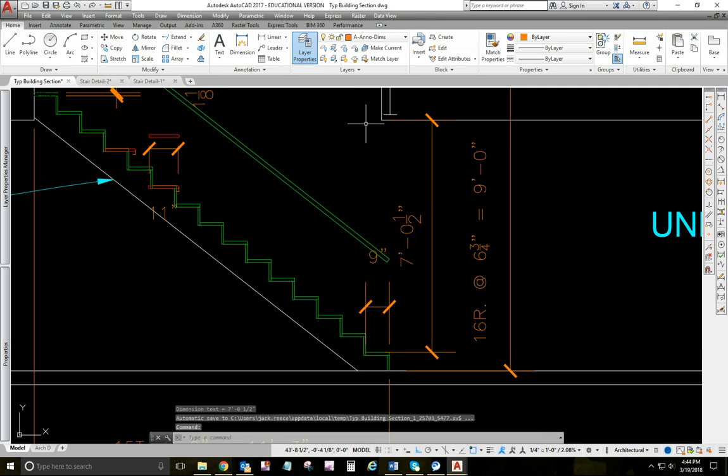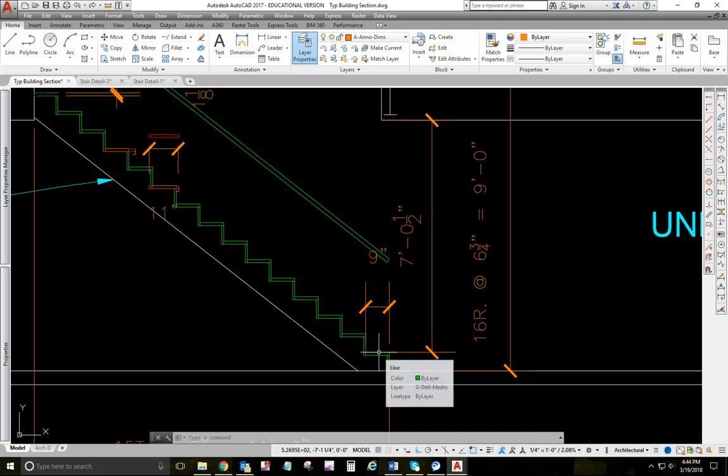You need to know the height from wherever that finished ceiling or wall situation is, directly straight down to the tread that is directly below it. That has to be at least 6 foot 8 inches.